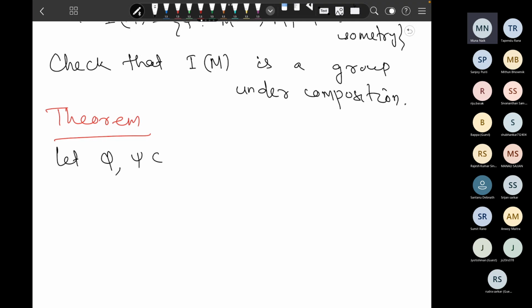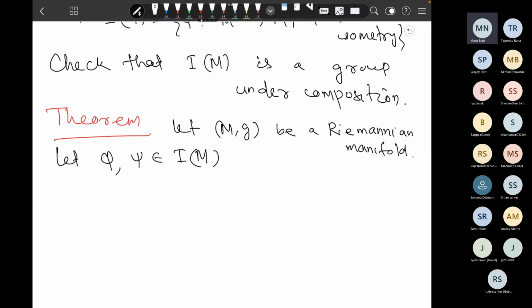Let phi, psi belong to the isometry group of M. Here we assume let (M, g) be a Riemannian manifold. Let phi and psi belong to I(M).